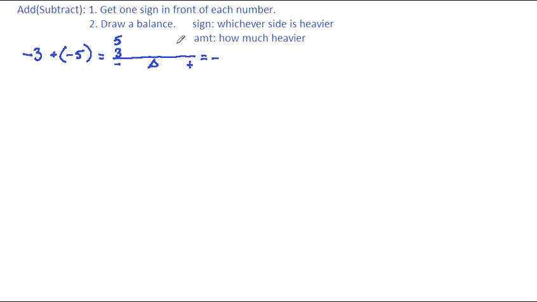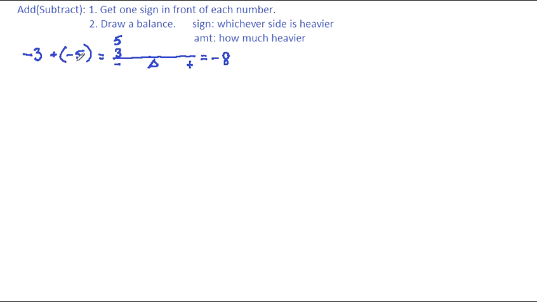And how much heavier? It's got 8 on that side, nothing on the other side, so it's 8 heavier, and that's the answer. Okay, and you had to add the 3 and the 5 together to find out how much heavier it was.